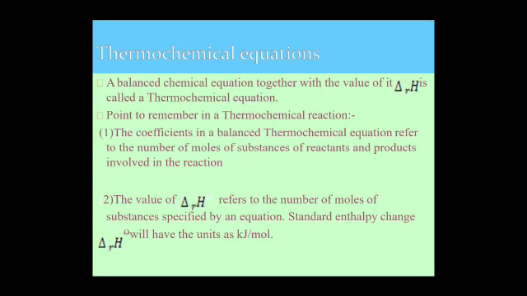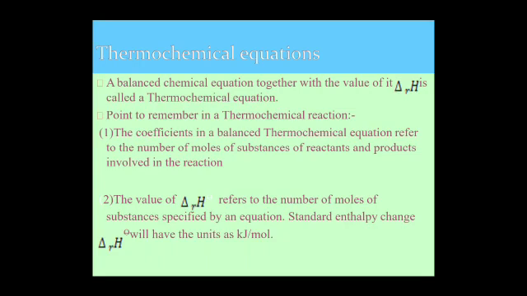Now we can say in simple words, for an exothermic reaction delta H is negative and for an endothermic reaction delta H is positive. Unless otherwise mentioned, delta H values are given for a standard state of a substance, that is, when the reaction occurs at 298 Kelvin and standard pressure.